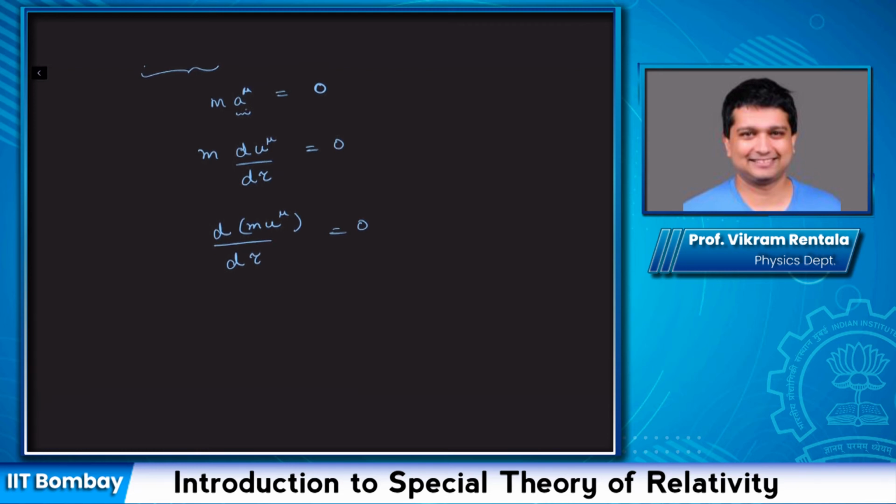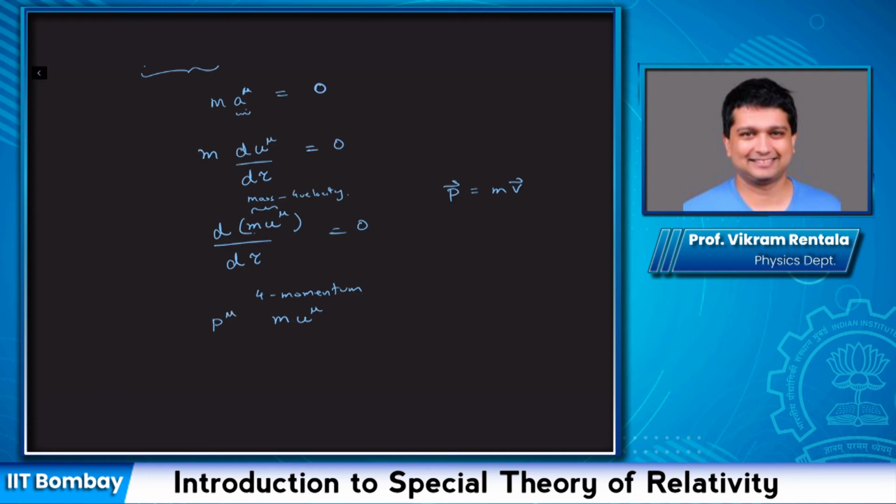And this quantity, we can think of it as mass times 4 velocity. And this is a natural candidate for what we would call 4 momentum. So just like we define 3 momentum as mass times 3 velocity, we define 4 momentum as rest mass times 4 velocity.